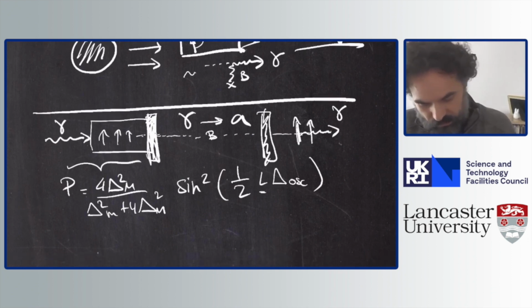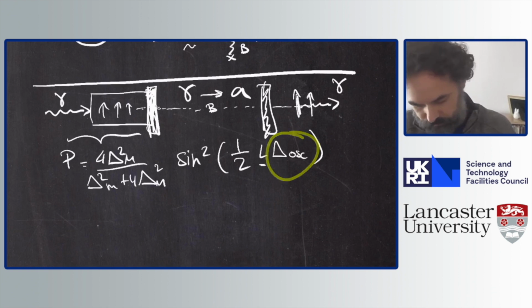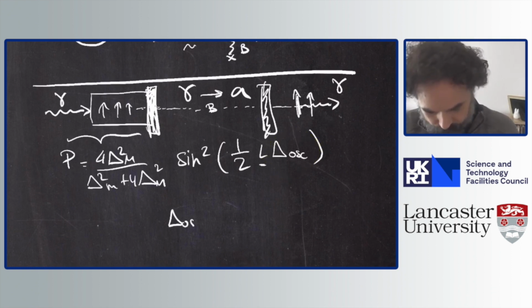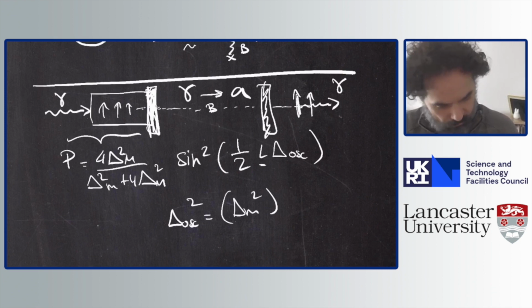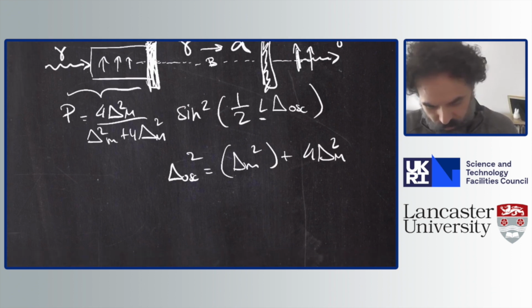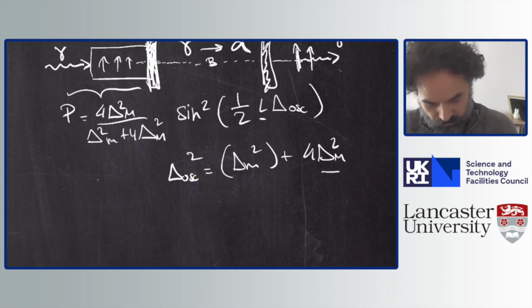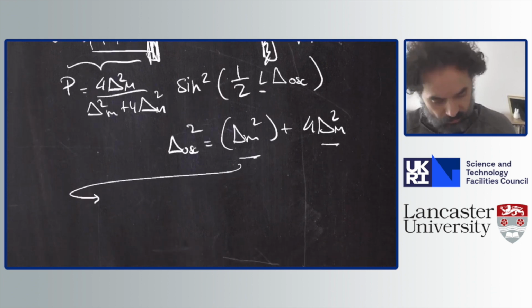The most relevant quantity is this oscillation, delta oscillation, which is given by two quantities. What I want to show you by this algebra is that this is proportional to the magnetic field, and also, quite importantly, to the ratio between the mass of the axion and the frequency of the light. So the first term here is the one precisely characterizing this ratio.